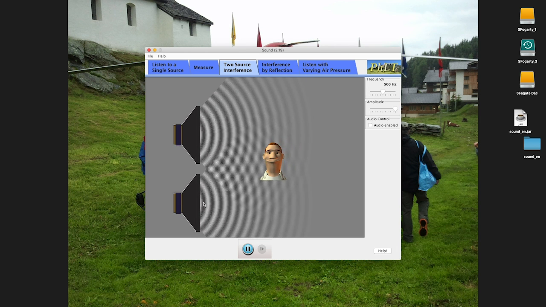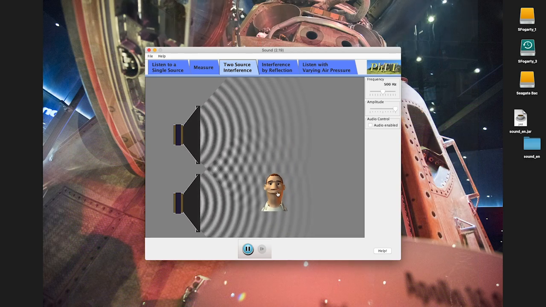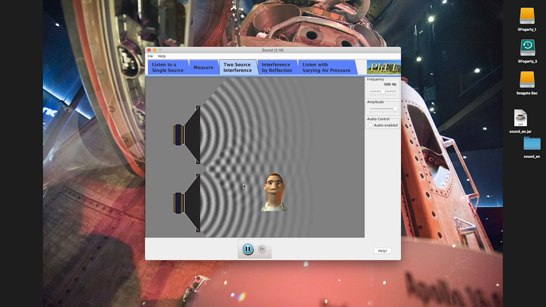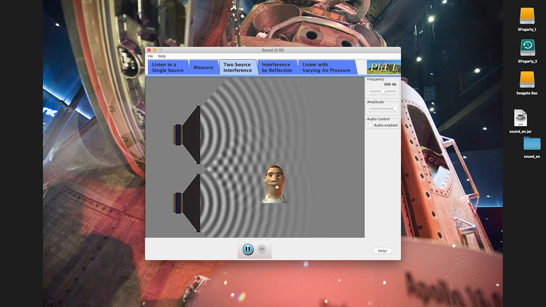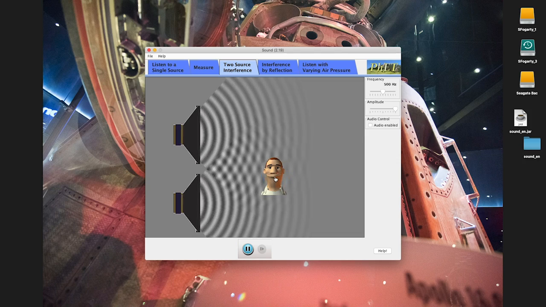Just like we had in the chapter on waves, we have interference, and as somebody moves up and down, their ear will eventually arrive at a spot where there is destructive interference, the sound will be lower, and where there's constructive interference, the sound will be louder. So there are areas of loud and weak sound, and that's what they notice as they move along this section here. And that proves the sound is a wave because of interference.